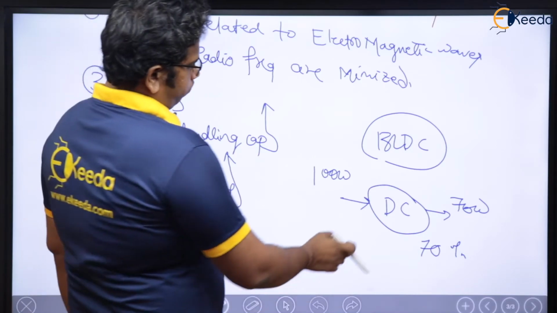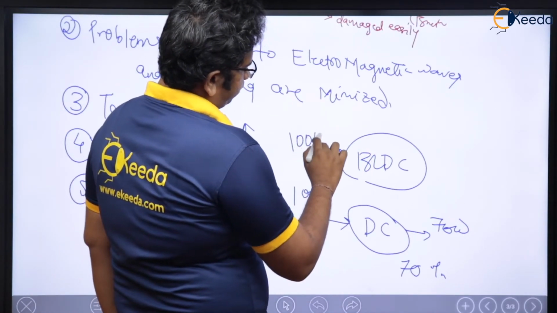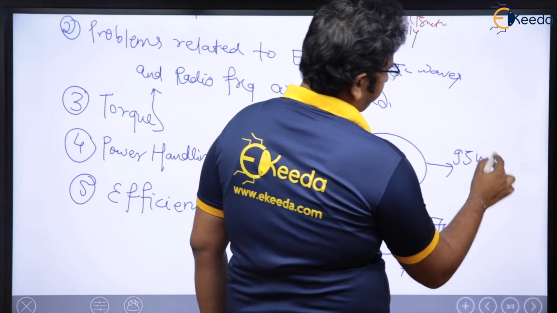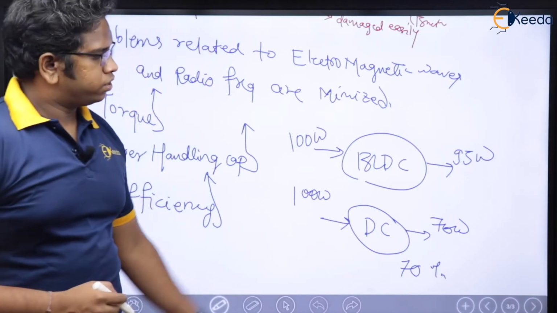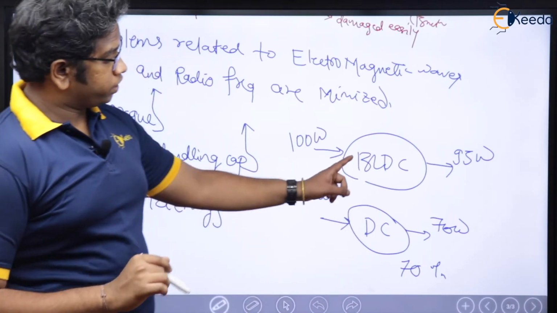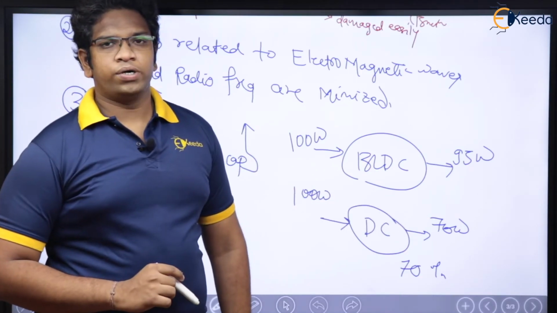But in the case of a BLDC motor, if your input is 100 watt, then the output power may be somewhere around 95 or 98 watt. So the efficiency is also going to be increased.